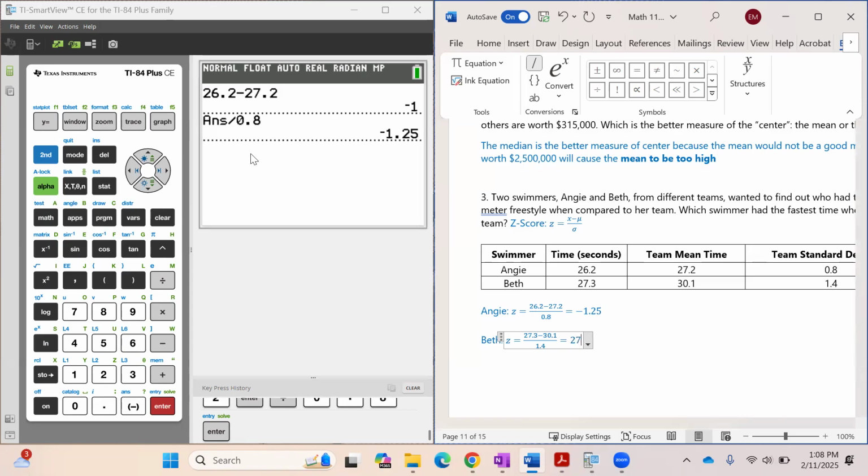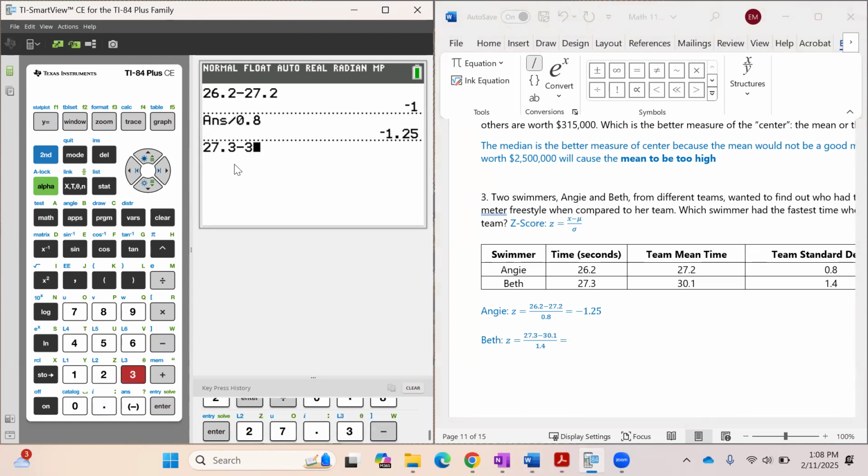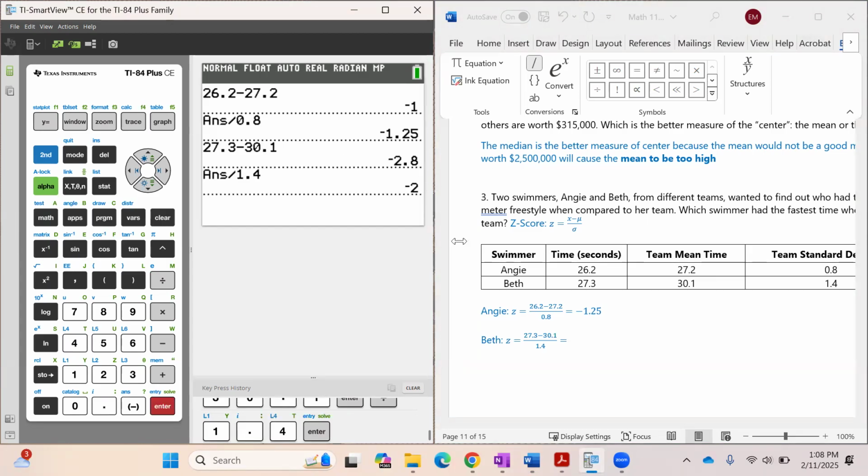So 27.3 minus 30.1. Oops, excuse me, I'm supposed to be doing that in the calculator. 27.3 minus 30.1. Hit enter. And then we want to divide this number, so answer divided by 1.4. And we get negative 2.